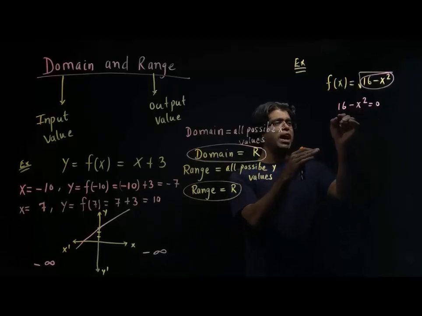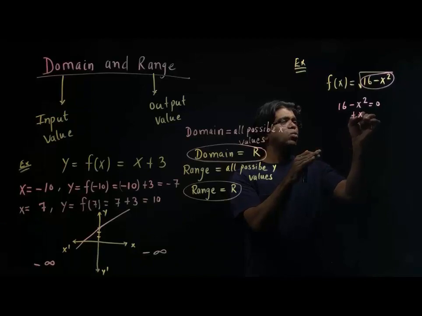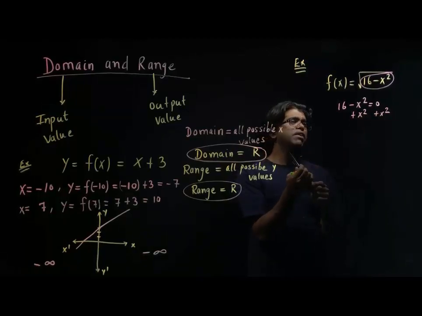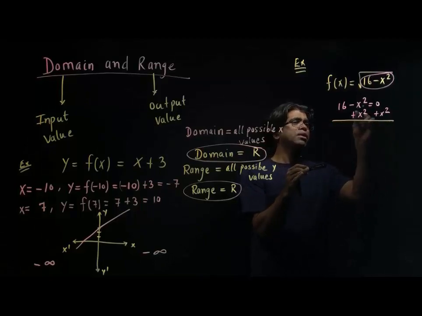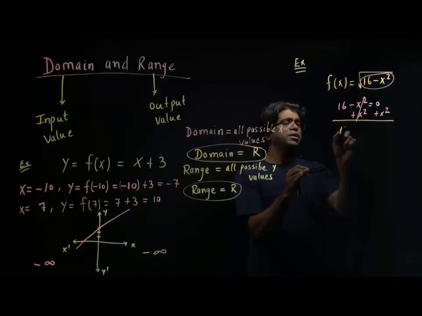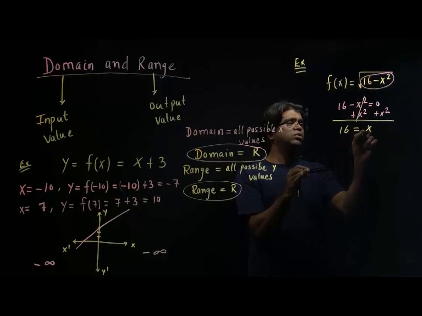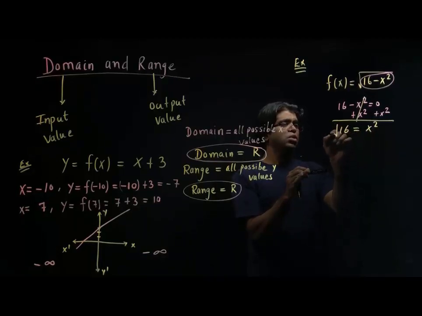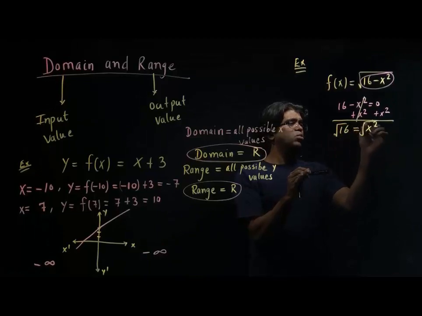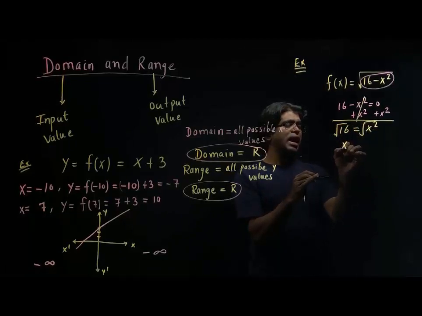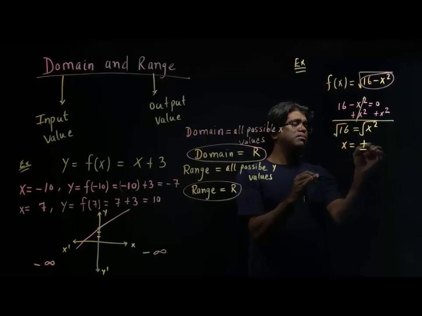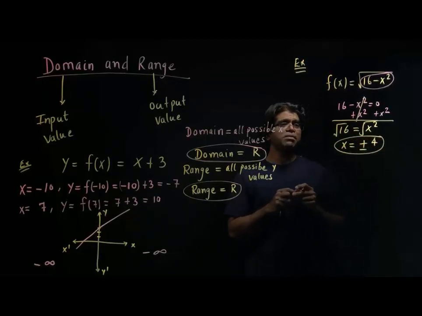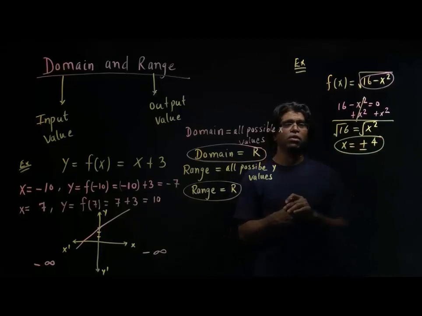If I simplify, I will add x squared on both sides, and I have 16 is equal to x squared. I want to find the value of x, so I can take the square root on both sides and I get x is equal to plus or minus 4. So the value of x lies between negative 4 and 4.